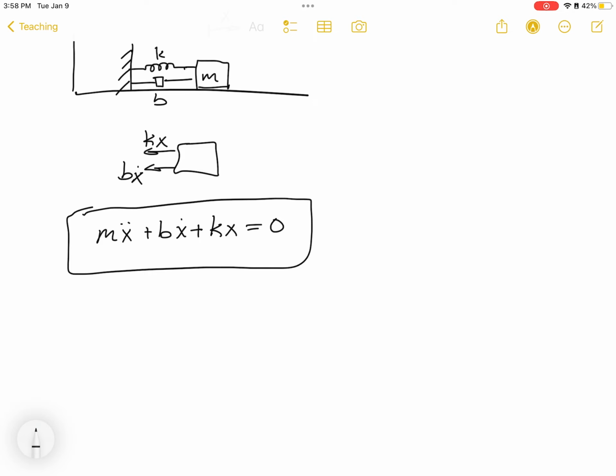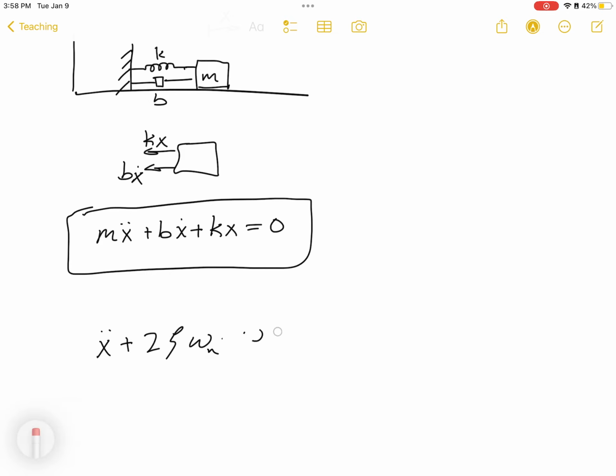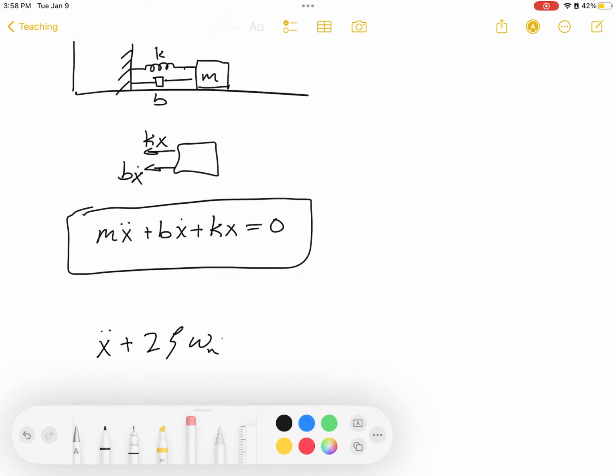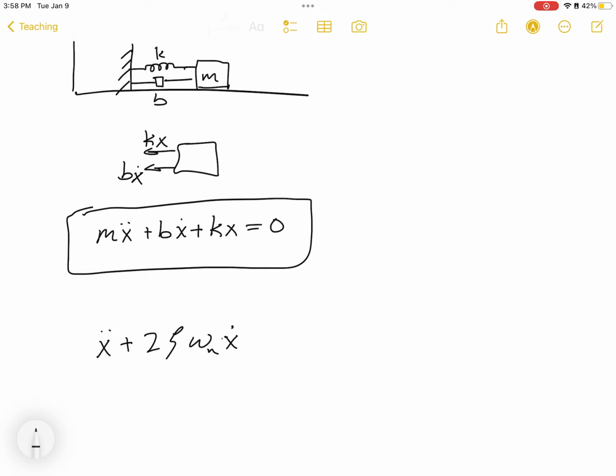And we're going to write it like this, where it's x double dot plus 2 zeta omega n x dot plus omega n squared x equals 0.